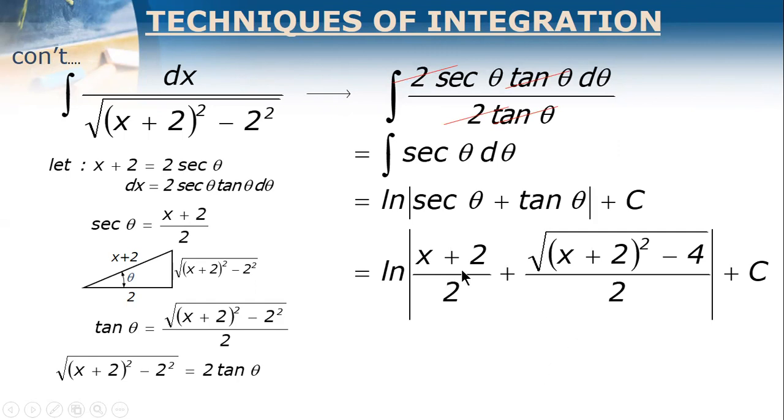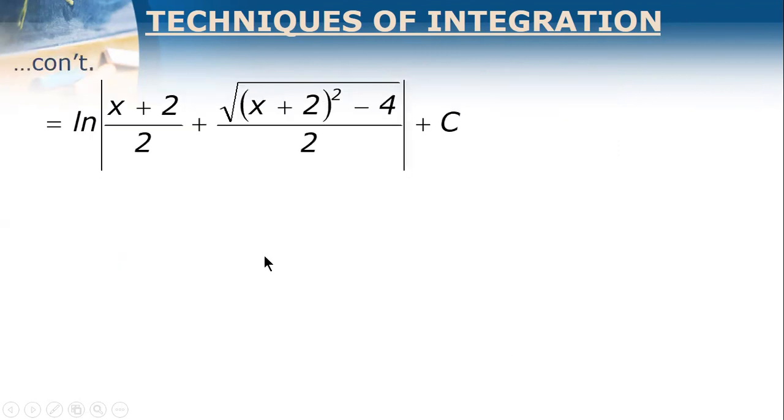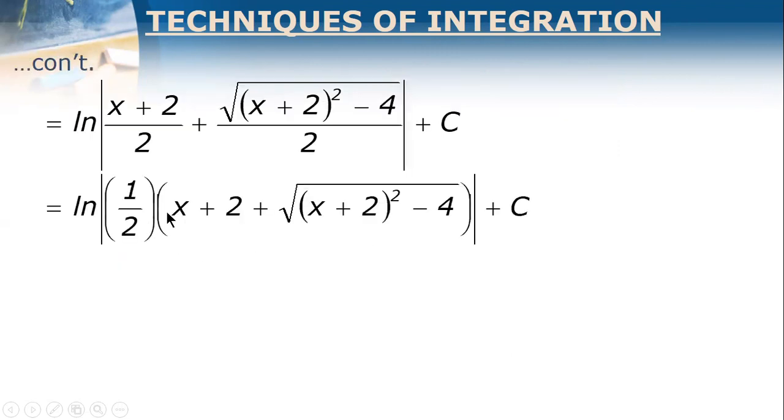Now, this is similar to a problem in case 2, wherein the denominator can be combined. You can factor out 1/2. And again, same as the problem in case 2, using a property of logarithm, that ln of xy can be written as ln of x plus ln of y.